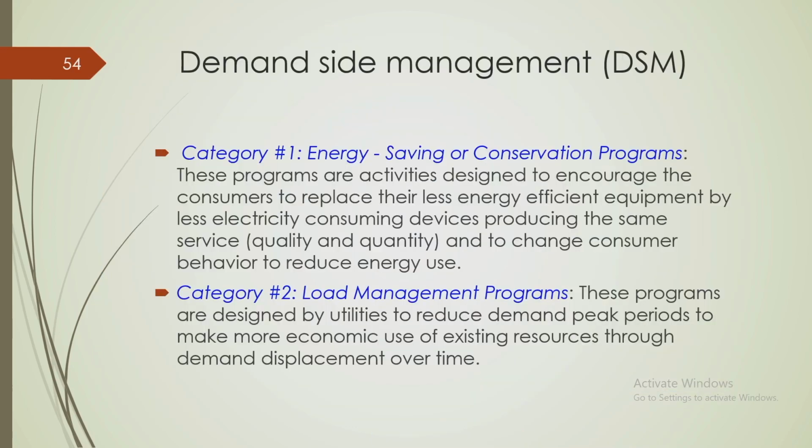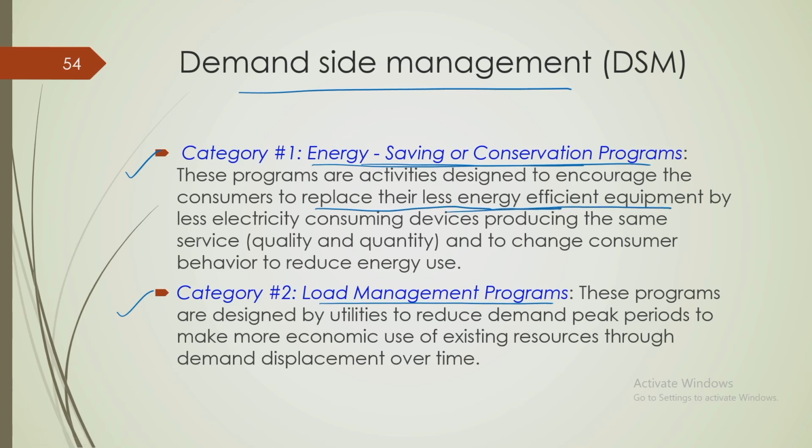Now, we have some approaches called demand side management. What are those approaches? These are programs which we take for energy saving, conservation or load management. There are two categories of demand side management. In one category, an energy saving or conservation program is taken, for example, replacing less energy efficient equipment with less electricity consuming devices.